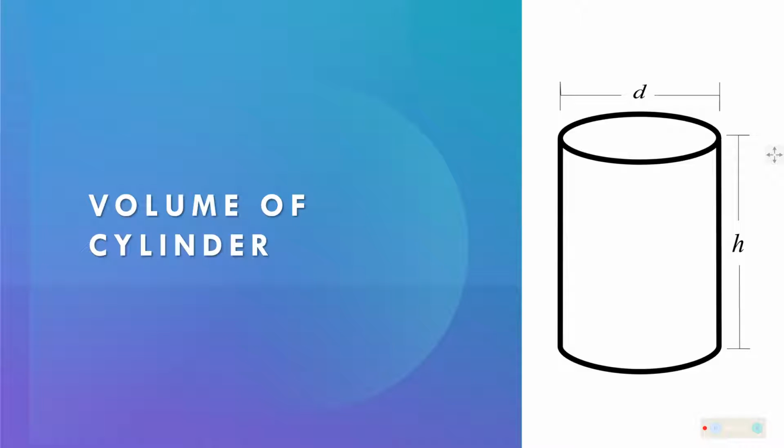If you think about volume of a cylinder, in the case of cube and cuboid you consider the length, breadth and height, but in the case of a cylinder we have to consider the circular base to a particular height. It is as simple as that. This is a cylinder and we are trying to find out how to calculate its volume. We have radius r here, height over here, and a circular base of radius r.